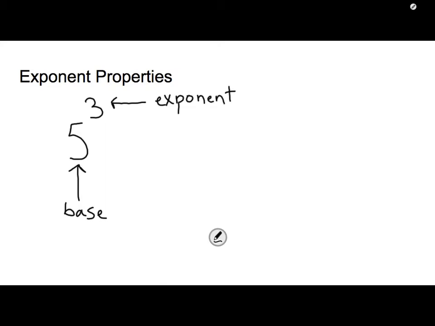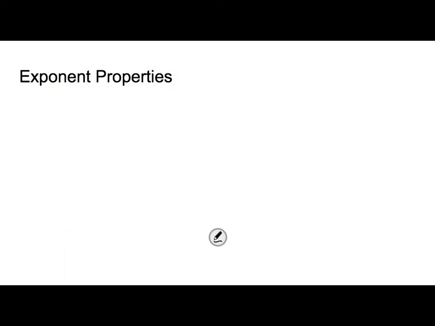And that's how many times we multiply the base by itself. So 5 to the third is just the same thing as 5 times 5 times 5.